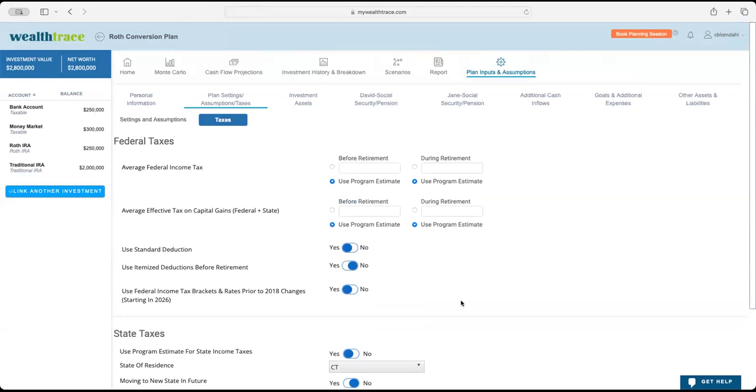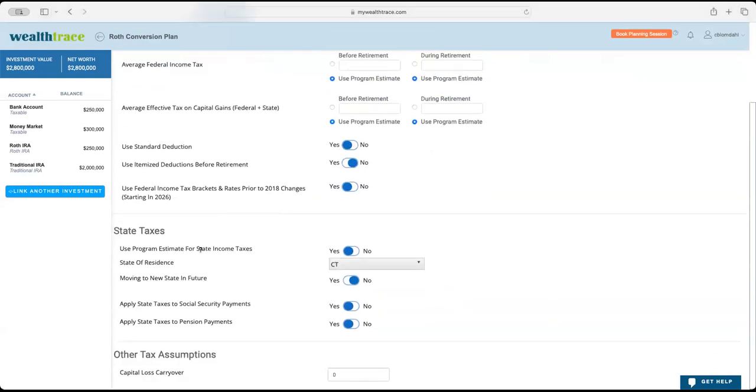If you have not switched that over yet in your plan, please think about doing that, because we keep up with all these tax rules and will do it for you. It's more accurate anyway because most states have some sort of stepped up progressive tax system. So the average is just an estimate. Why not let the program calculate it for you?